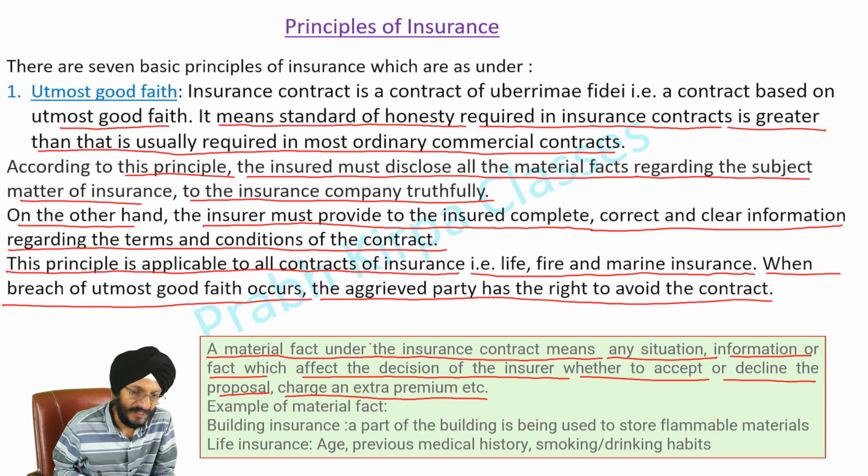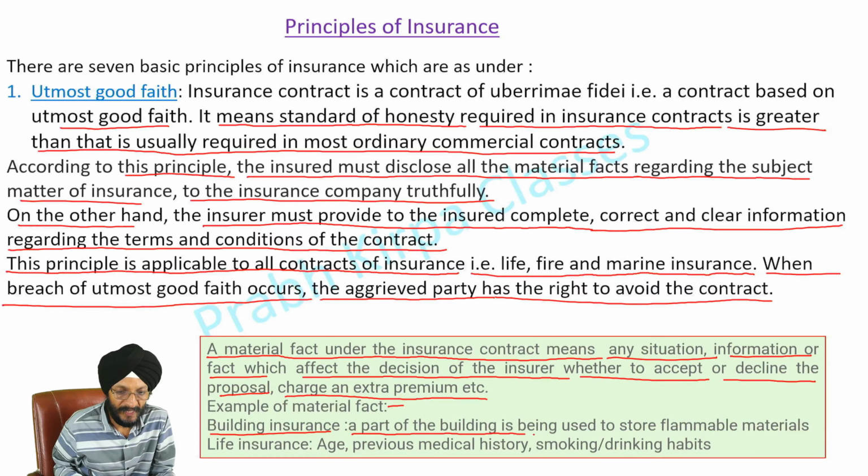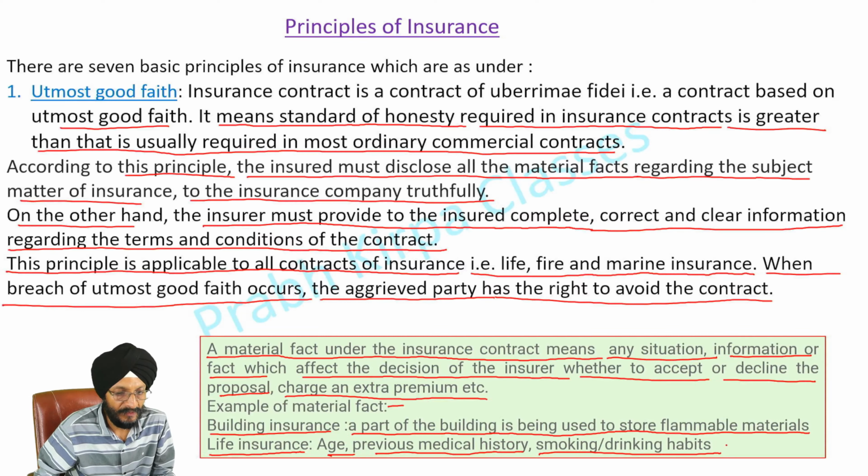Examples of material facts in insurance are: in the case of building insurance, the material fact may be that a part of the building is being used to store flammable materials. In the case of life insurance, examples of material facts are age, previous medical history, and smoking or drinking habits of the insured person.